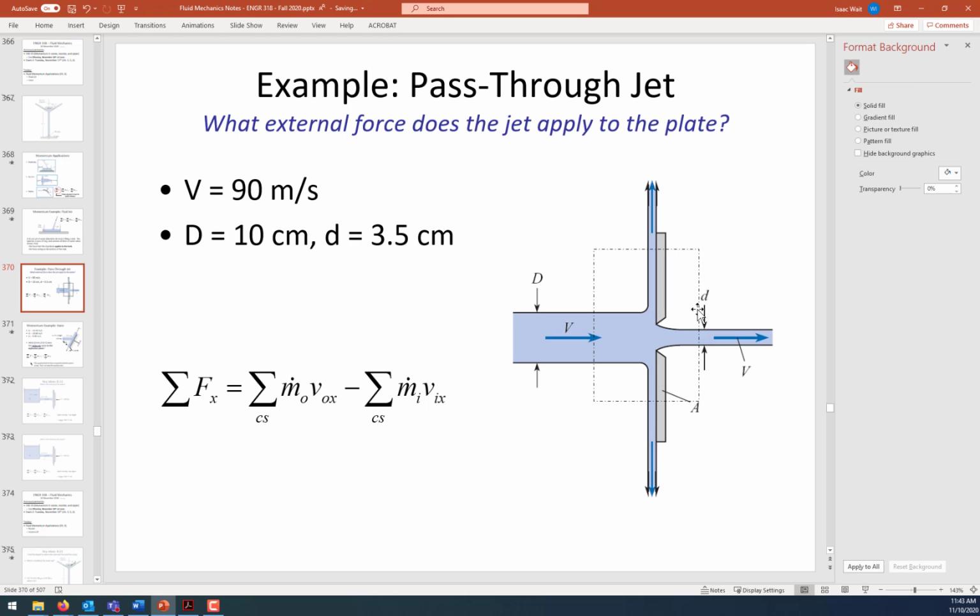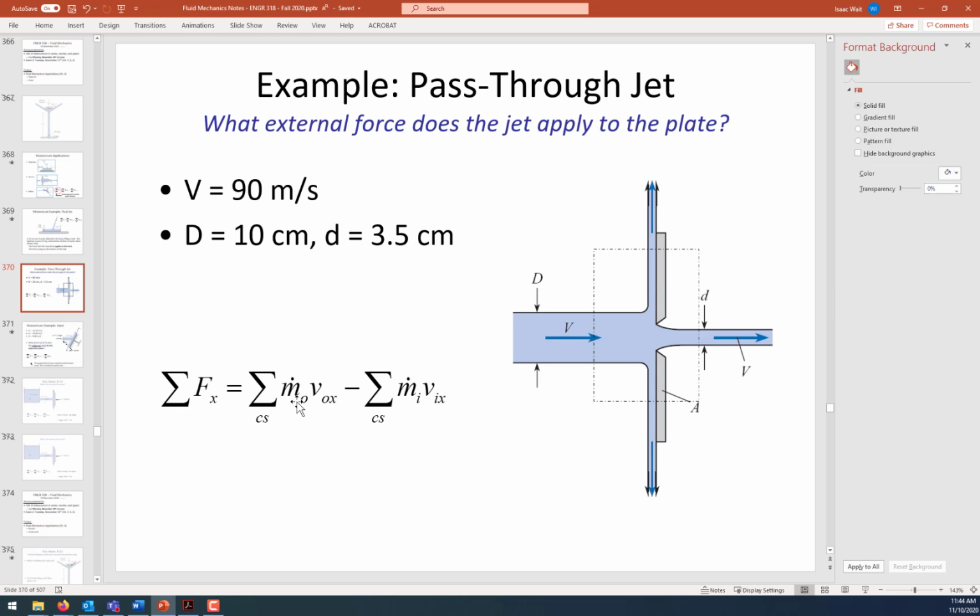We should instinctively know that you're going to have to push to the left to support that reaction that's occurring, to hold the system steady so that this fluid jet interacting with the plate doesn't cause the plate to move to the right. We have to apply an external force to the left.